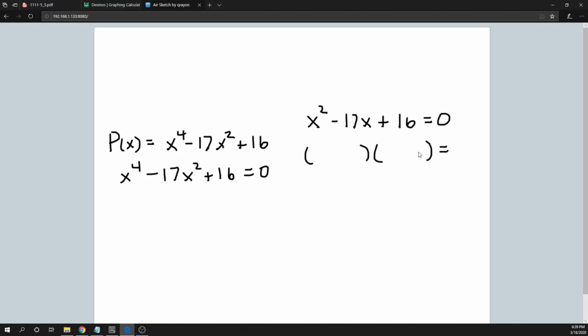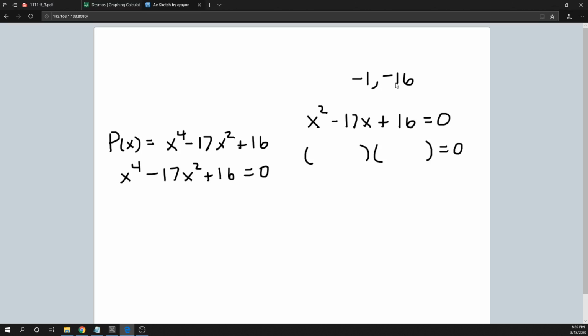Or how to factor that. We would need two numbers that multiply together to give us positive 16, but add up to give us negative 17. And those two numbers would be minus 1 and minus 16. Just checking: negative 1 times negative 16 is positive 16, and negative 1 plus negative 16 is negative 17.